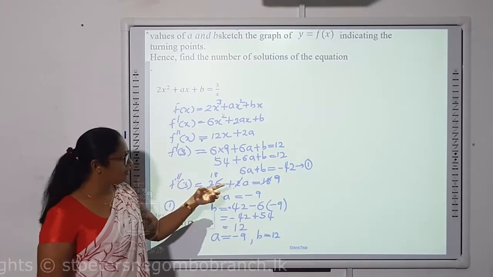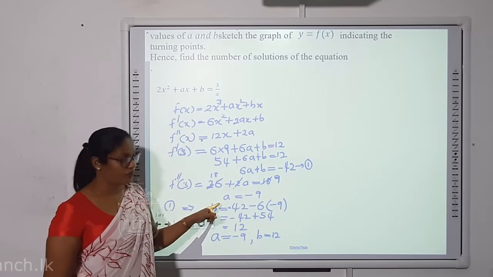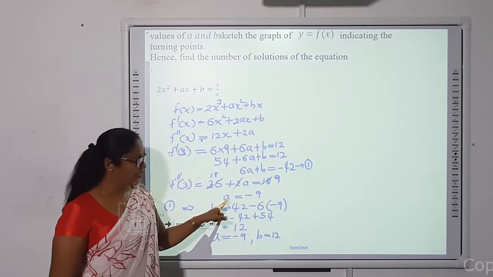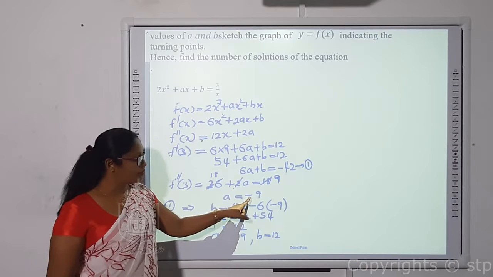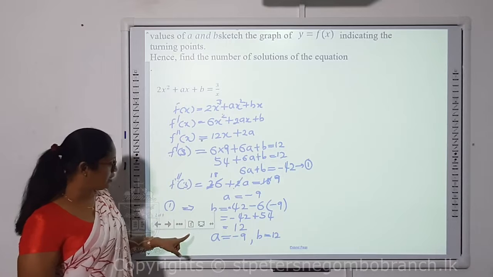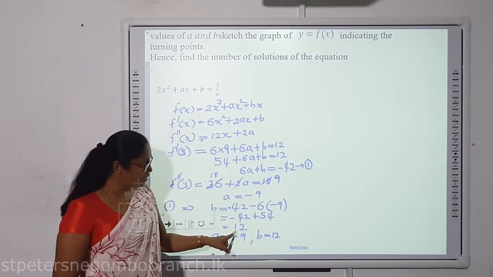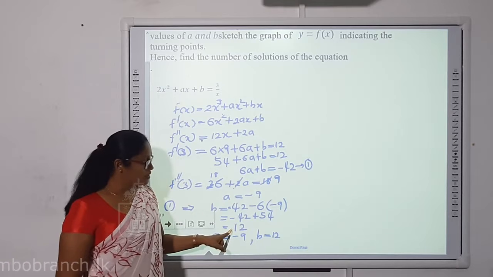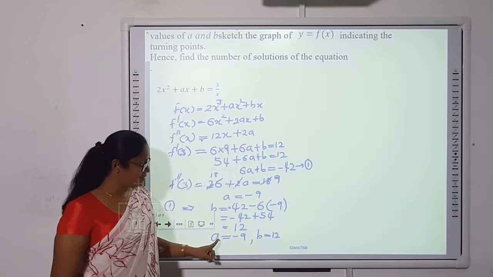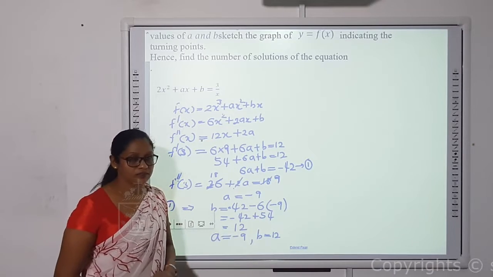So I just simplify and cancel with 2 here. From this equation I found the value of a, that is minus 9. I brought this value into the first equation, and simplifying, you can see the answer of b is 12, right? So the answer of a is minus 9, and the answer of b is 12, right?